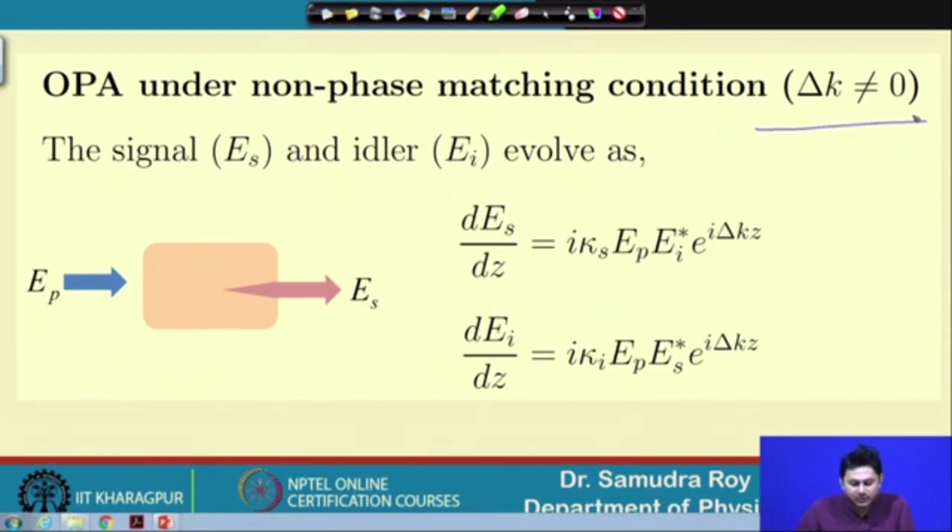Then the terms e to the power of i delta k z will appear here. Previously it was not there.